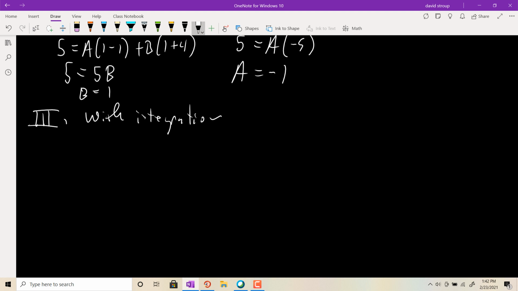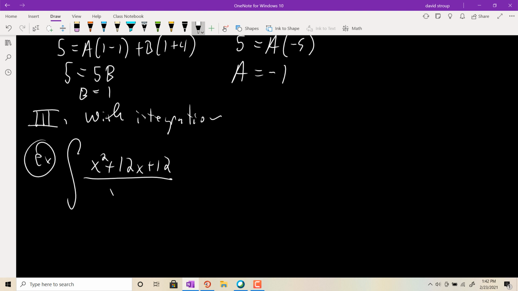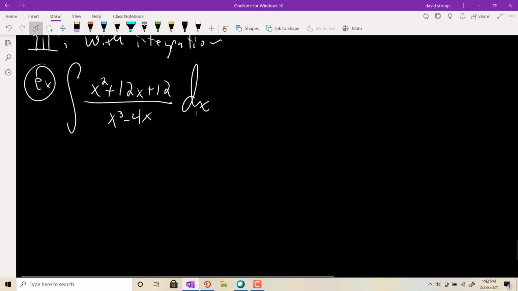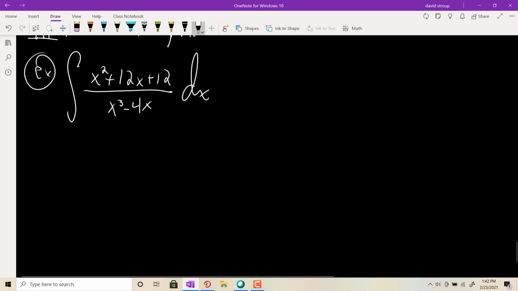Okay, so let's look at this example. Integral of x squared plus 12x plus 12 all over x cubed minus 4x dx. So first thing you want to do is just get the partial fraction decomposition out of the way. So I'm going to borrow the guts of the integral.